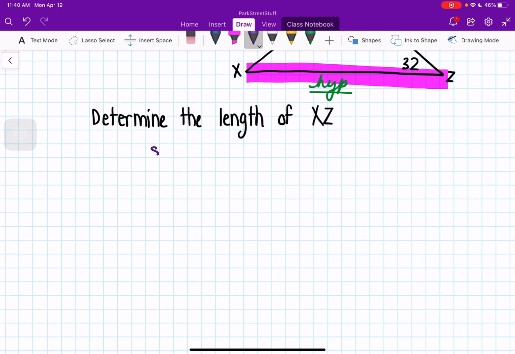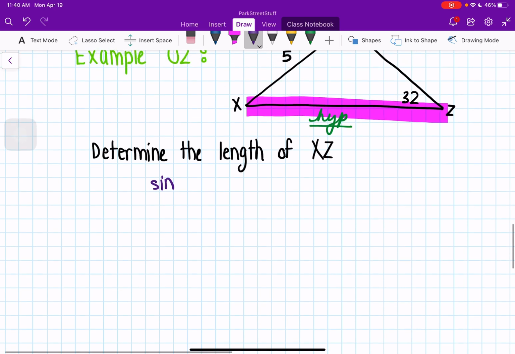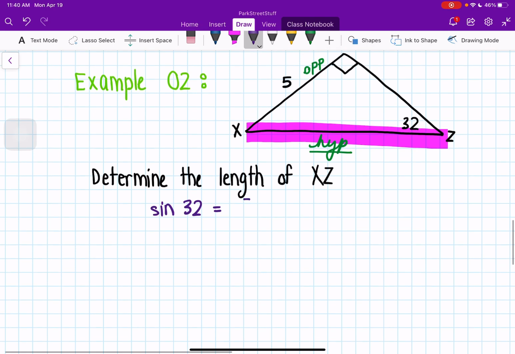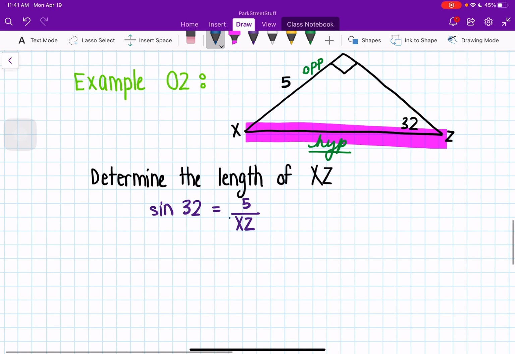So we're going to say sine, and we're not going to use a symbol because we know that the angle we're talking about has a value of 32, and it's equal to opposite, which I know is 5, over hypotenuse, which is what I was looking for. Okay, so we've already put in everything that we need. So now we're going to solve this like you would solve any equation. So we want to solve for xz. So we're going to multiply the xz up, because remember it's being divided.